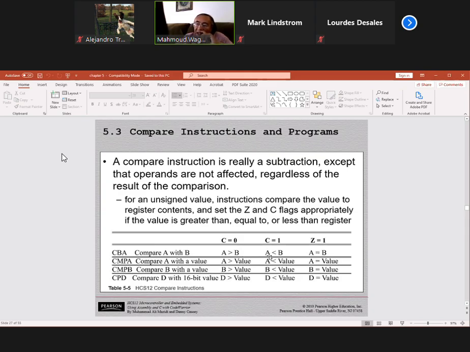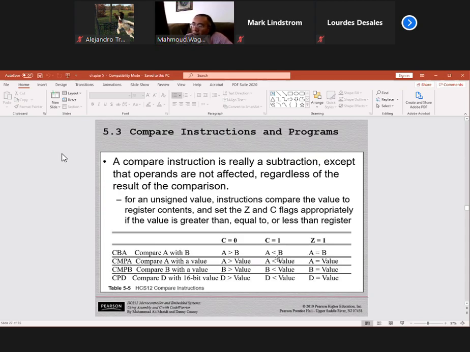If A is less than B, there is going to be a borrow at the last location, bit 7. So the carry will go high, which indicates that there is a borrow.